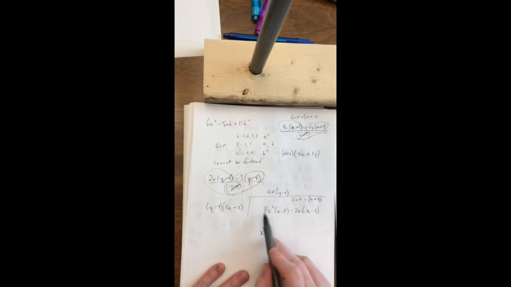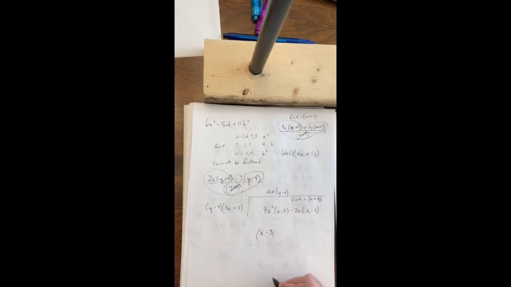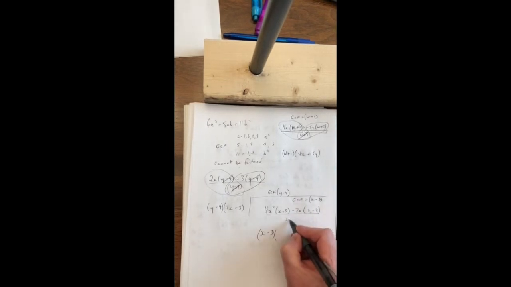I know you're thinking that you see something common here, but we're not going to try to pull anything out of those. Remember, we just want to find out what times what will equal this. So if we pull out the x minus 3 out of both, then we are left with, if we divide that all up, this and this.